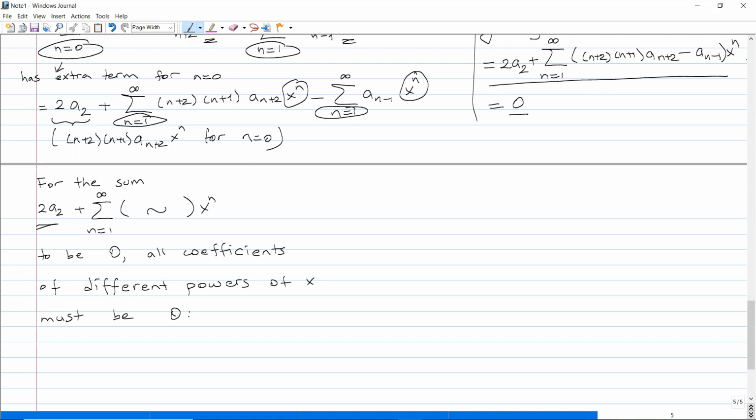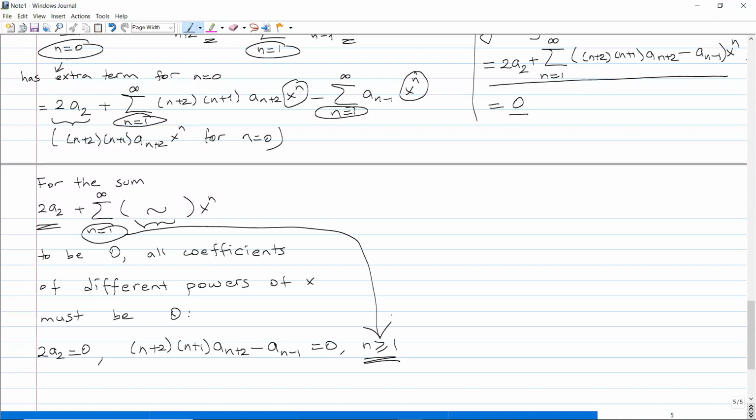So we have the constant term 2a2, that has to be 0. And then this coefficient, remember this coefficient is n plus 2, n plus 1, a n plus 2 minus a n minus 1 should be 0. But remember, this is for n greater than or equal to 1, because in the sum, n starts from 1.